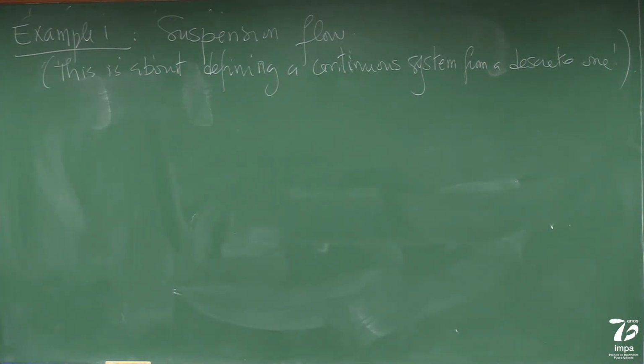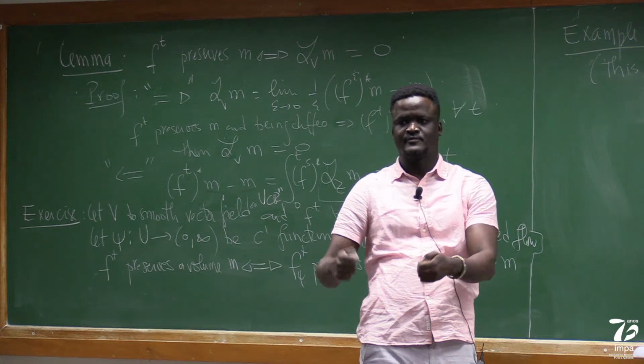Remember, from the first lecture, we know that a flow is a continuous dynamical system. It contains a discrete time dynamical system. And we are supposed to know an example where there is a discrete system that you cannot embed into a flow. Okay? Now this is trying to solve the problem in another way. You give me a discrete system, can I construct a flow from it?